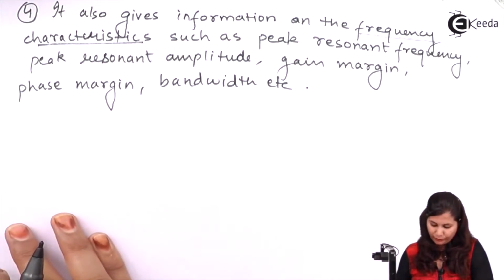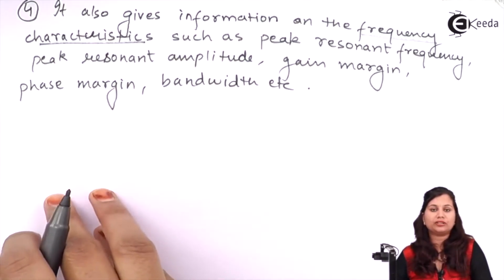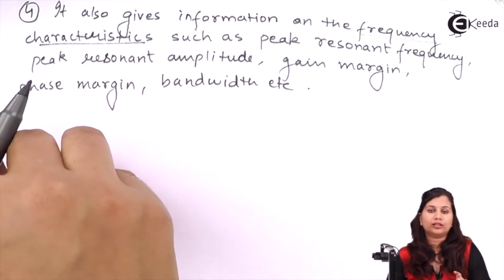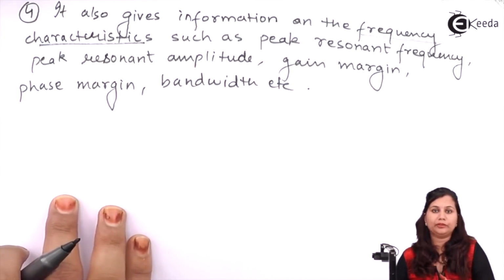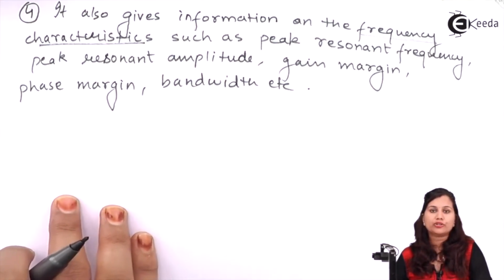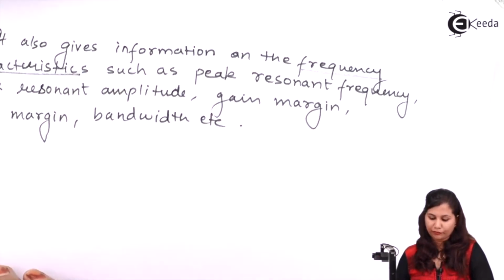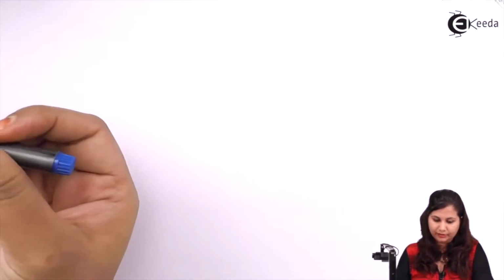Whenever you face any question, compare the transfer function with these transfer functions, and you will be able to get the shape of the Nyquist plot for such systems. So let us see some of the important Nyquist plots of the commonly encountered transfer functions.